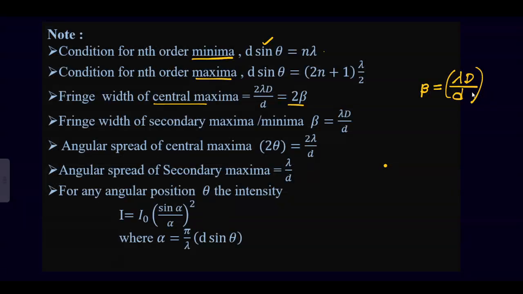And the angular spread is also 2 times, that is 2 lambda by d. The intensity relation is I equal to I naught into sine square alpha by alpha square.